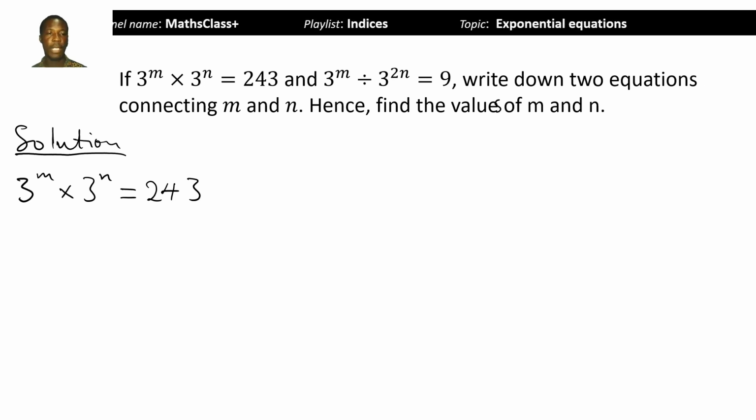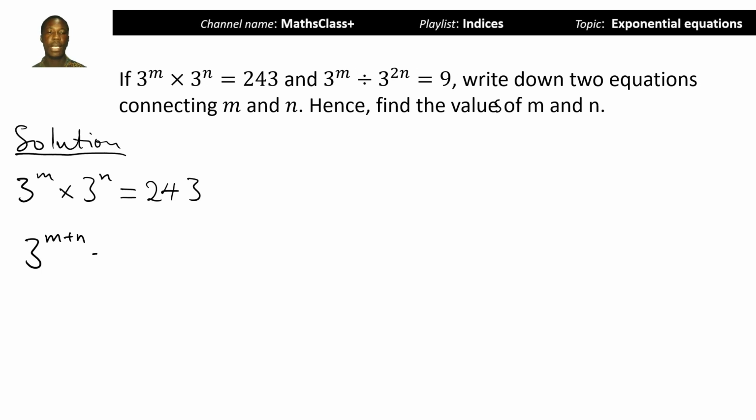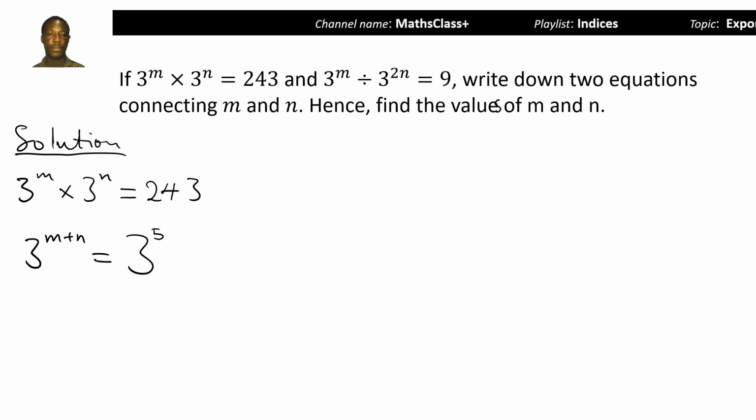So we will have 3 to the power m plus n, and that will give us 3 to the power 5. From here, we can equate their exponents as m plus n is equal to 5, and that will give us our first equation.